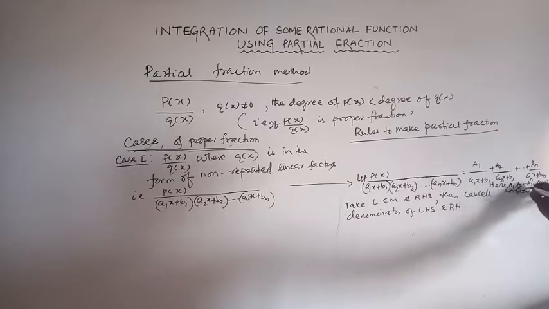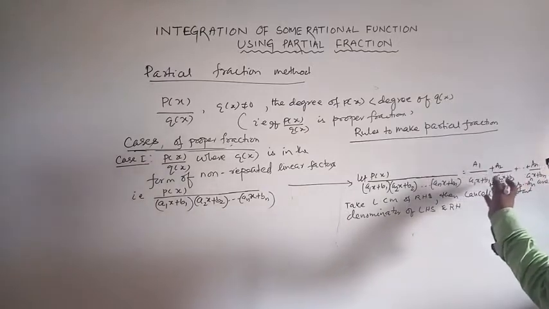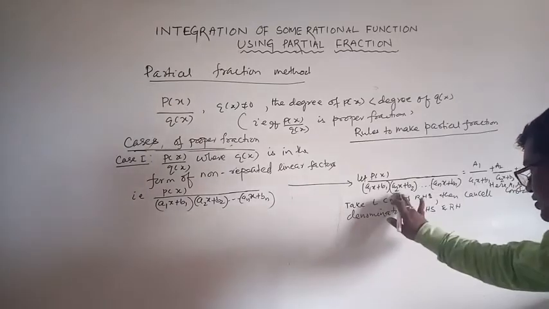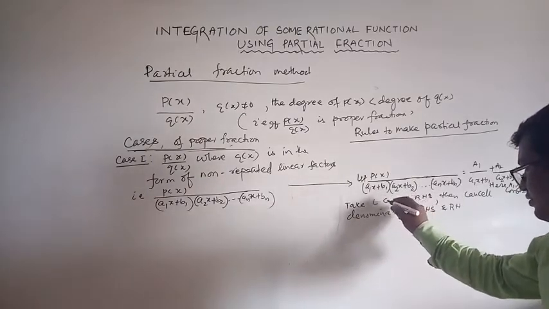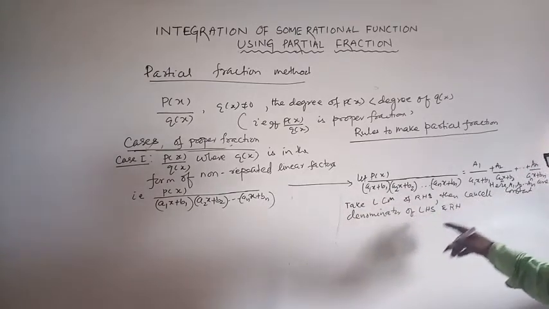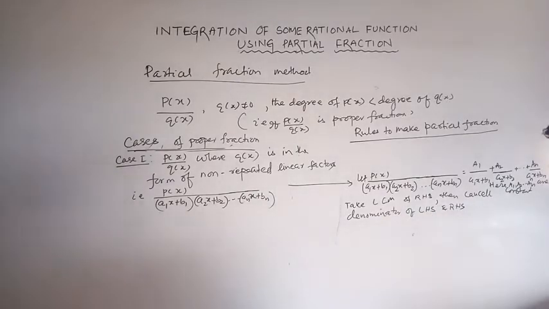Take the LCM of the right hand side, then cancel the denominators of the left hand side.